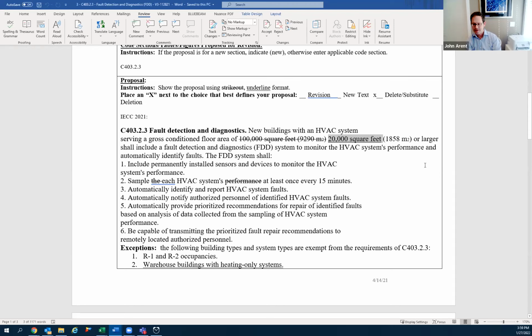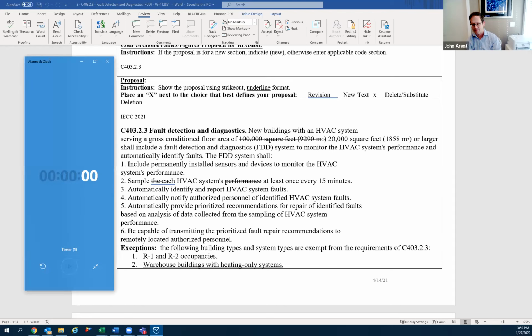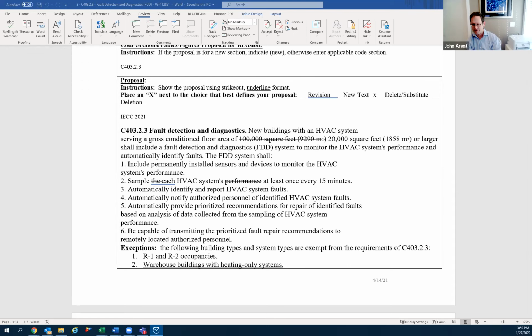The reason is that many building types, small retail, schools, offices, often have packaged rooftop units. And the smaller buildings, from my own experience, have fewer resources available to help maintain the systems.